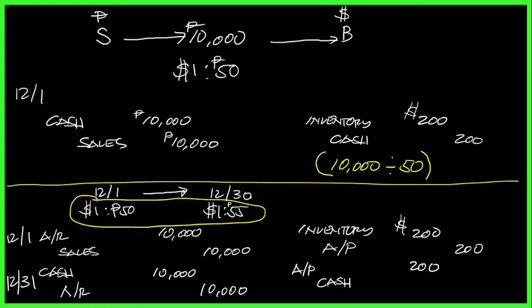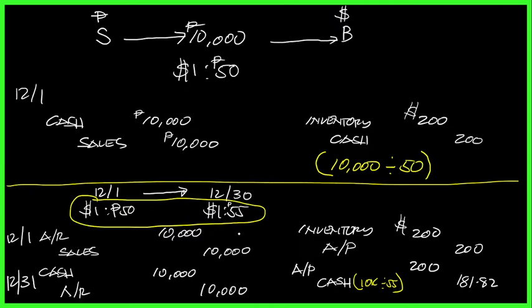So you divide 10,000 pesos by 55. If you have your calculator, you will compute something around 181.82.